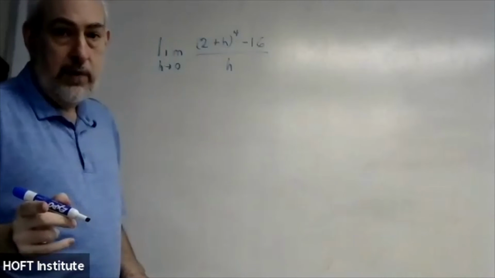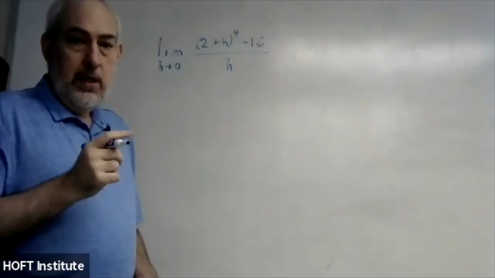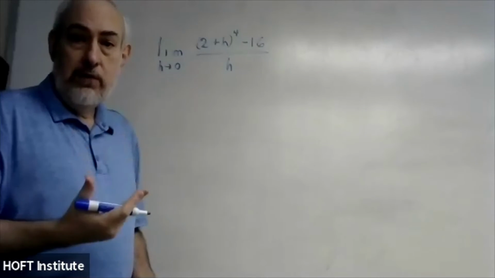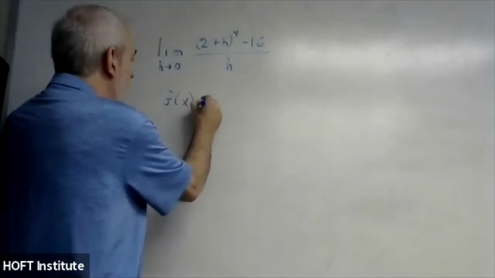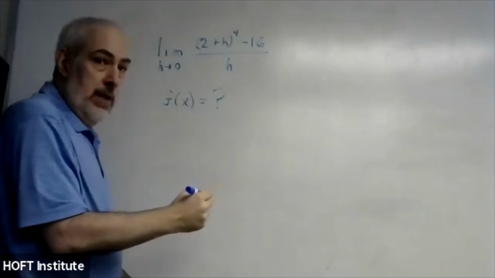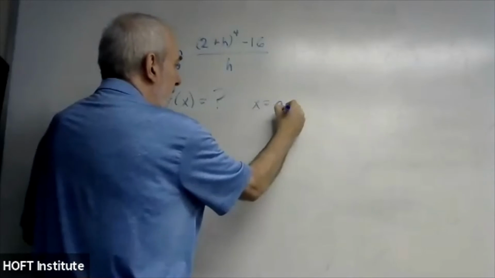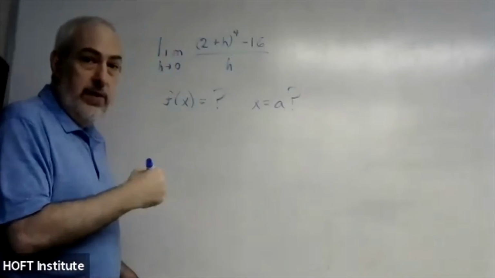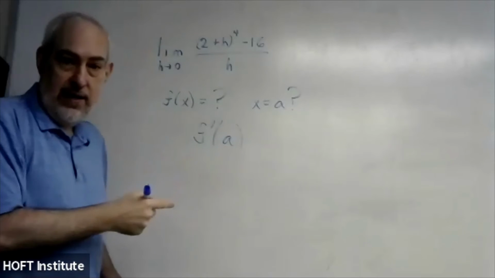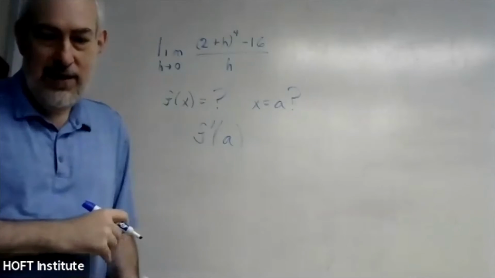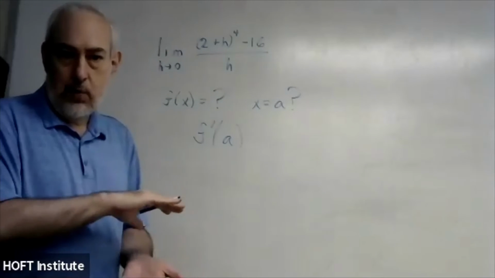The goal, however, is not just to evaluate it, but this represents the derivative of some function f of x. They want us to tell what is f of x, and it's the derivative at a certain value of a. So what is the value of a that we're doing the derivative of f at a?